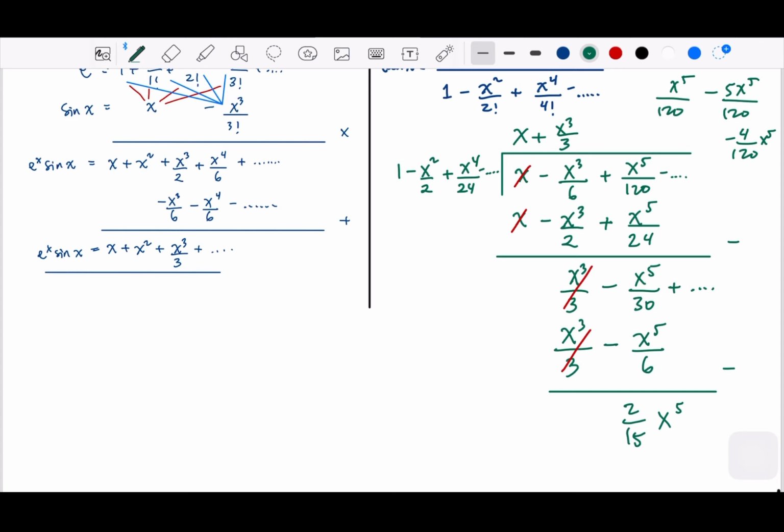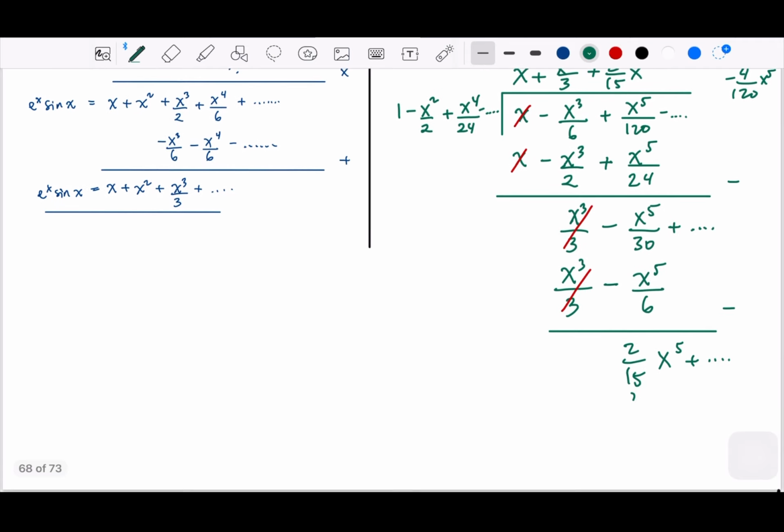And to cancel out this one, we need to add plus 2 over 15 x^5, right?